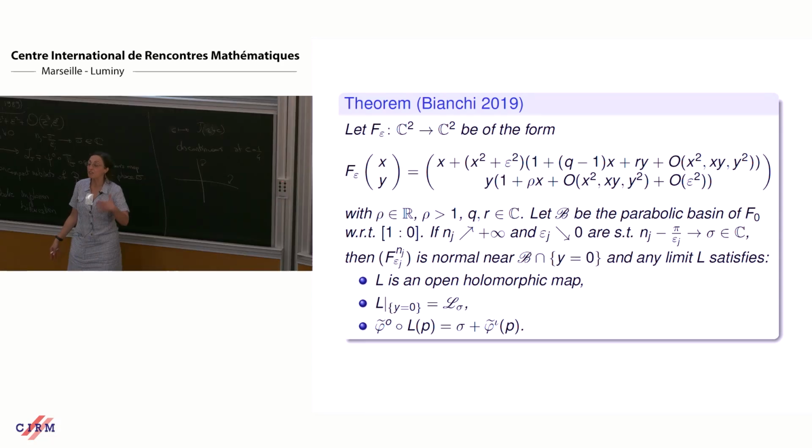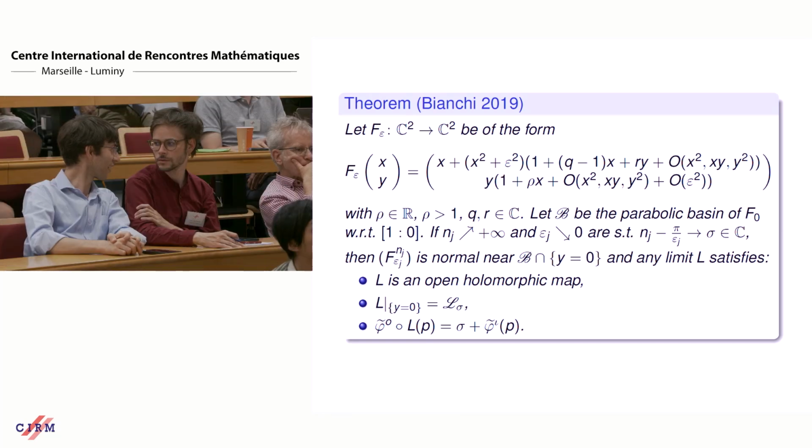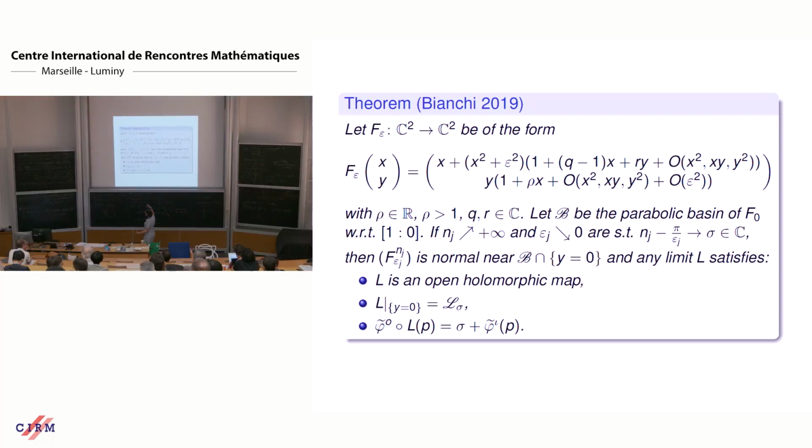And then, if you look at y equals 0, you have parabolic implosion. Completely. That's what's happening. And if you are in this hypothesis, then what you could prove is that you have normality near y equals 0.